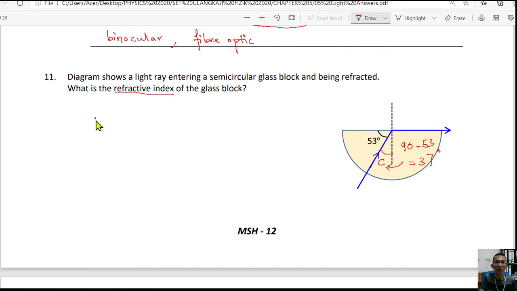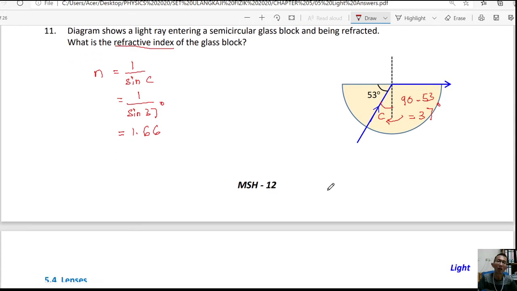So remember our n just now, n equals 1 over sine C. So 1 over sine of 37 degrees. You will get the answer 1.66. Simple, right? Alright. Let's move on.